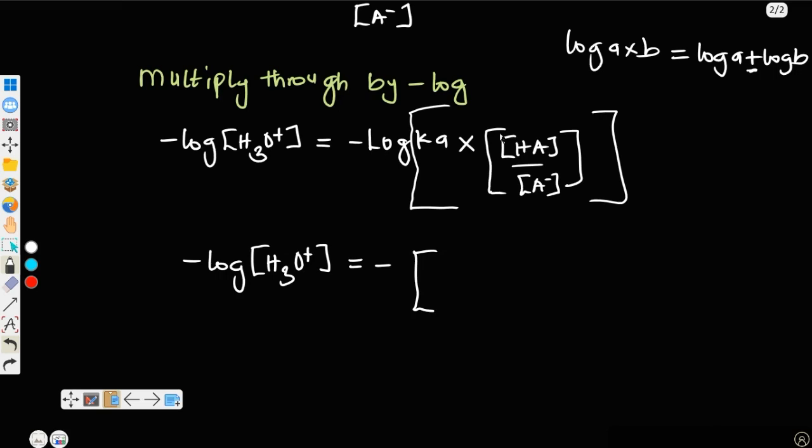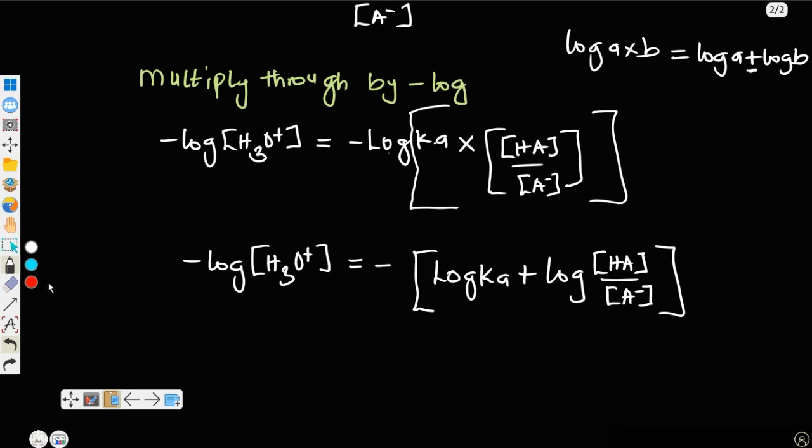I told you that log A times B is log A plus log B, right? So it means log of Ka times HA over A minus will be what? Log Ka plus what? Log HA, all over A minus.